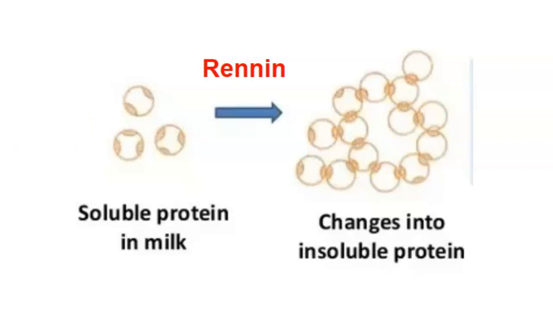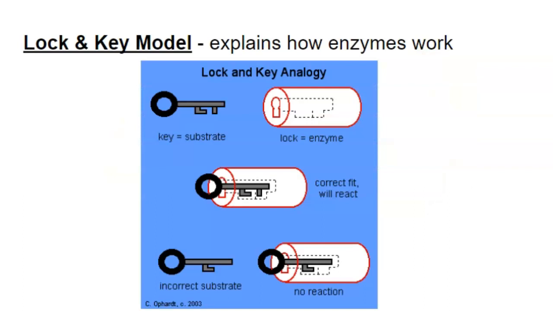So the last thing we need to talk about, how do these enzymes actually work? Well, we have what's called a lock and key model. It explains how these enzymes work. If you know anything about locks and keys, if I have a key to my apartment, will it work in the lock of somebody else's apartment? Hopefully not, right? Each key is really specific to its lock.